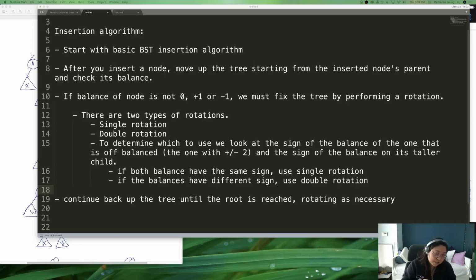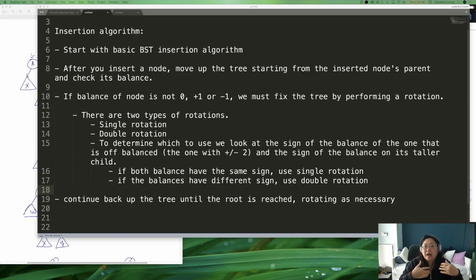What the AVL tree does after creating the new node is it goes back up the tree and looks at every single node that you had compared against while you were inserting. Because you were putting a new node in and it affects all the nodes that you had compared against, those are the ones where the balances may be off.